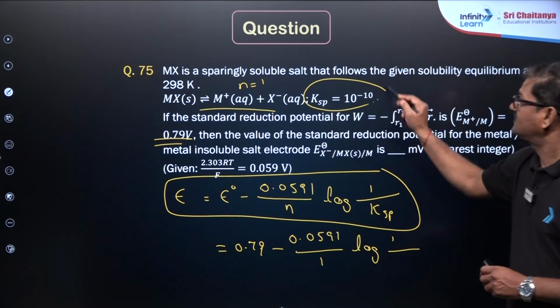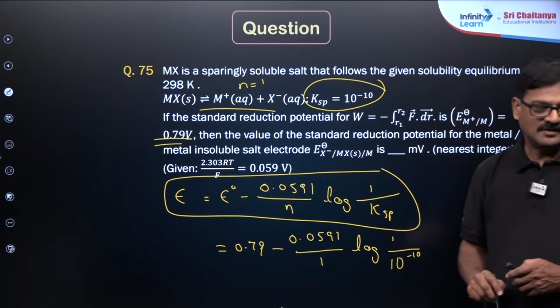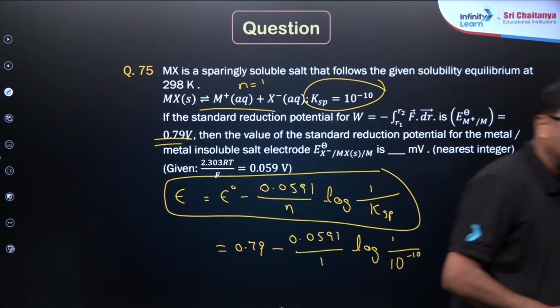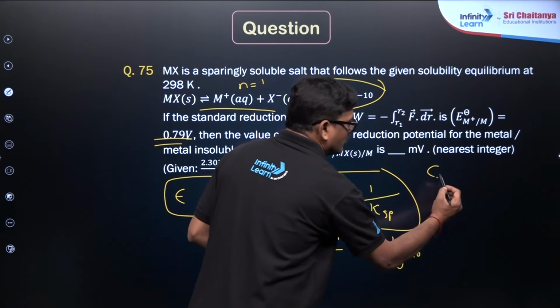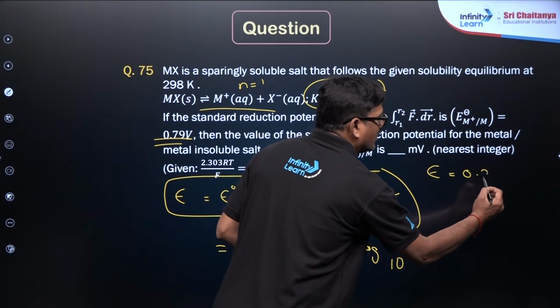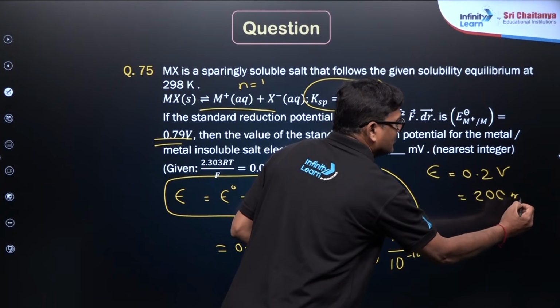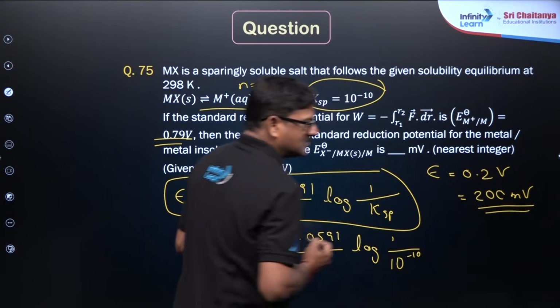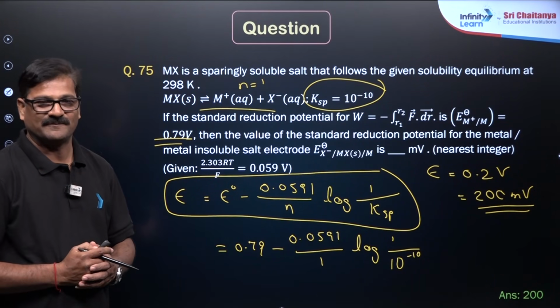Ksp value is given as 10 power minus 10. On solving, the E cell value, the EMF, is going to be 0.2 volts. So we are going to get 200 millivolt. So the answer for this question is going to be 200.